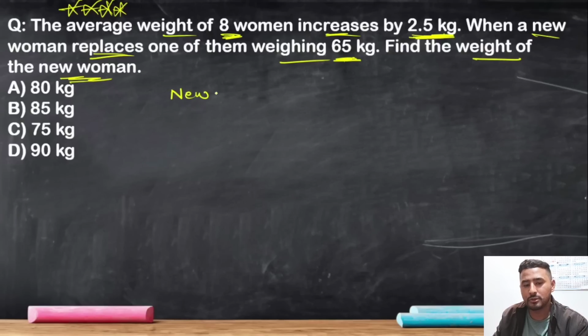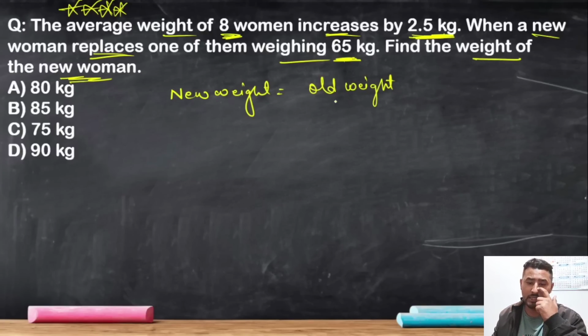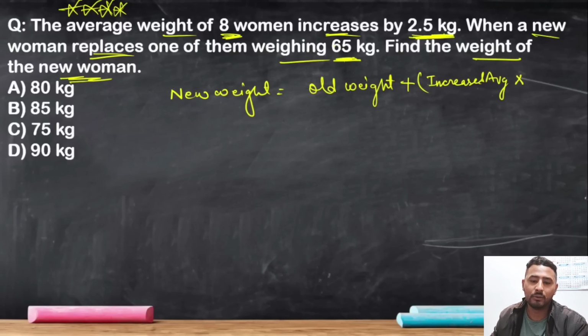You should remember: new weight is equal to old weight plus increased average multiplied by the number of people. The values might be given in kg or in some other terms, but we use this formula only.